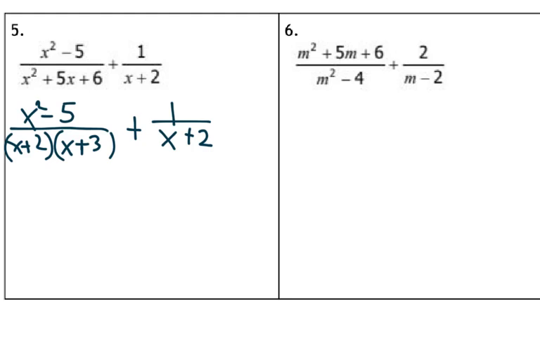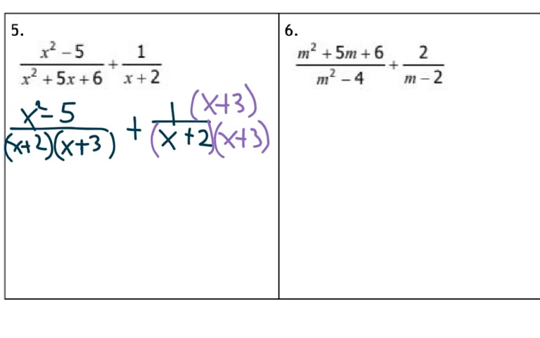So now I notice that the first fraction has a denominator that consists of x plus 2, x plus 3. The second fraction has only x plus 2. So we need to multiply the second fraction by the missing factor of x plus 3. So we will multiply numerator and denominator by the same factor.